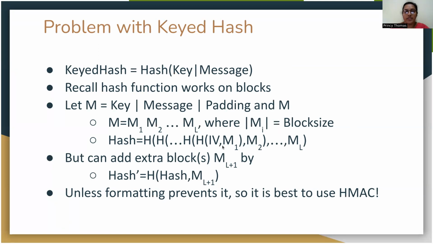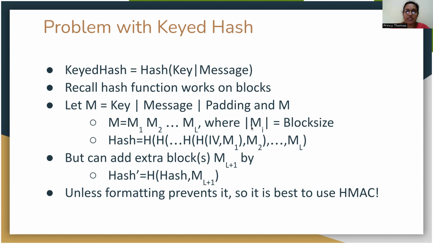Look at the inner hash over here. The hash is first done on the first block with an initial vector or initial value. First, the key is the initial value. Then M2 is hashed with the previous hash value, so this hash value is the key for M2.